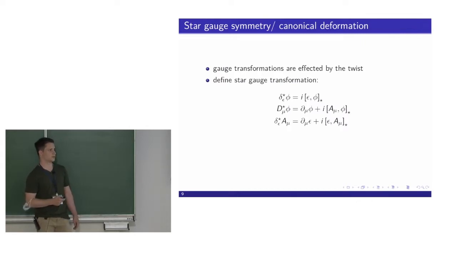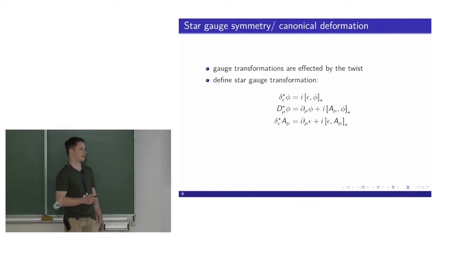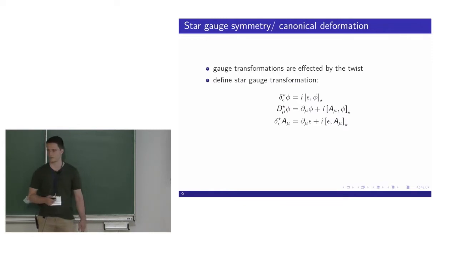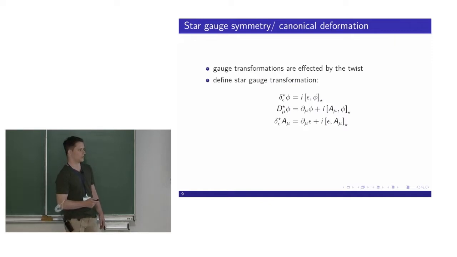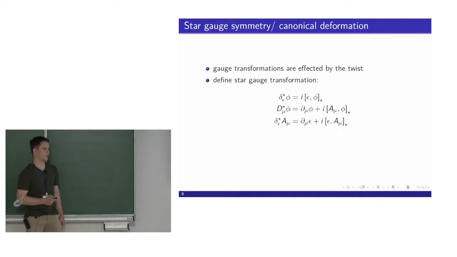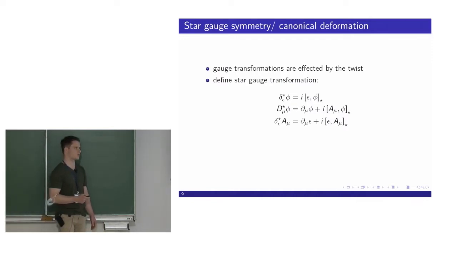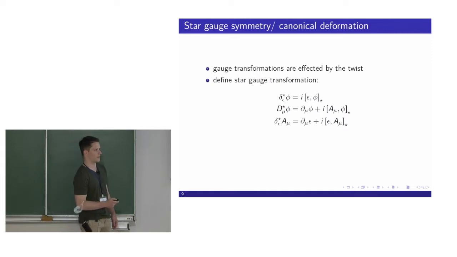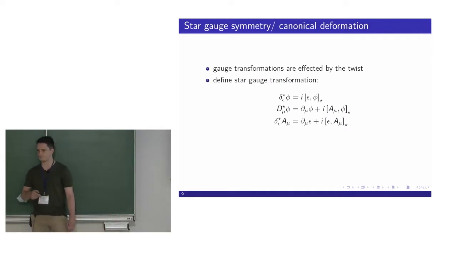So we introduced, for example, for an adjoint scalar field, this star commutator as the transformation rule. And with this, we then can define a covariant derivative on this scalar field, which here again appears with a gauge field combined with this star commutator. And the transformation rule for this gauge field is then again given via a star commutator here at the end.